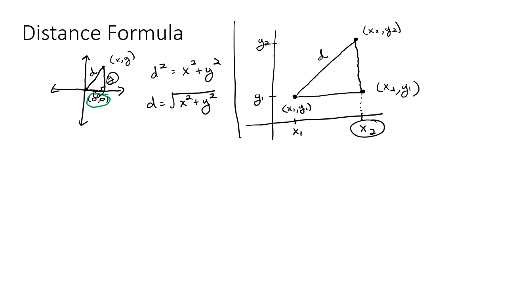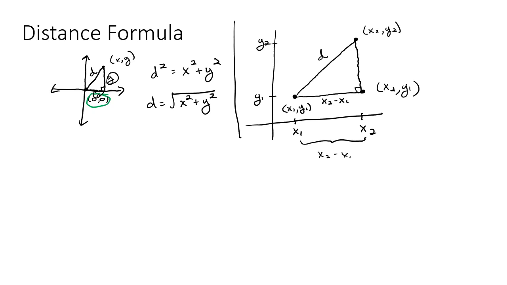And so now we can find the horizontal and vertical distance of this right triangle. So let's start with the bottom. This is going to be the distance between the x values, which you can find by subtracting them, x2 minus x1. So that's now the length of the bottom side of our triangle.